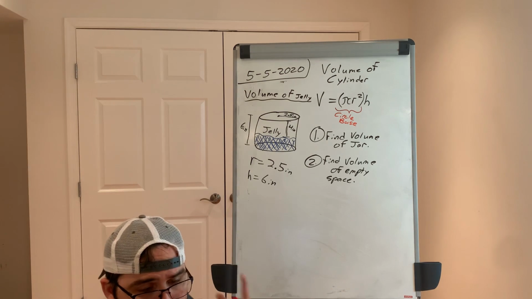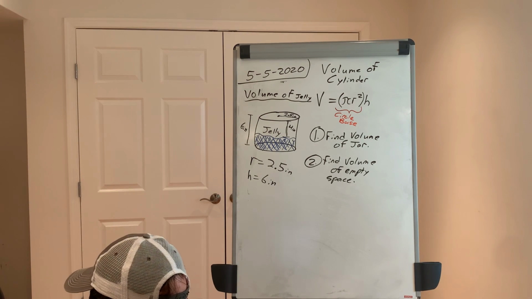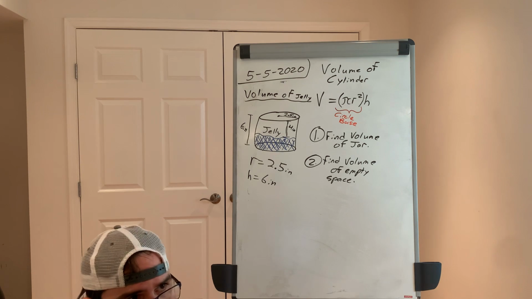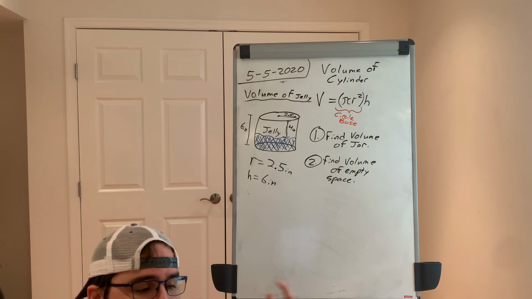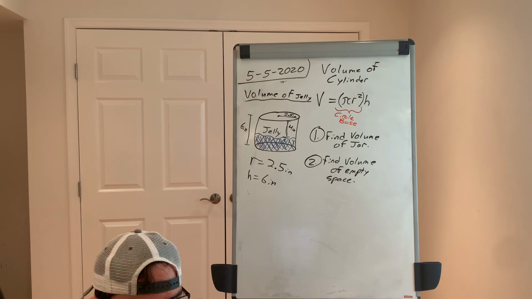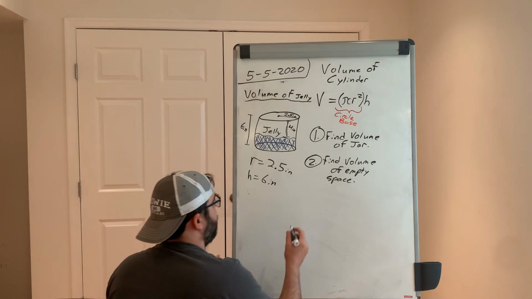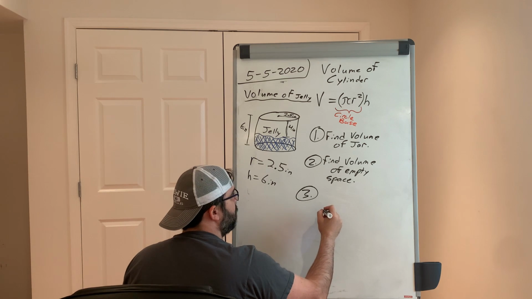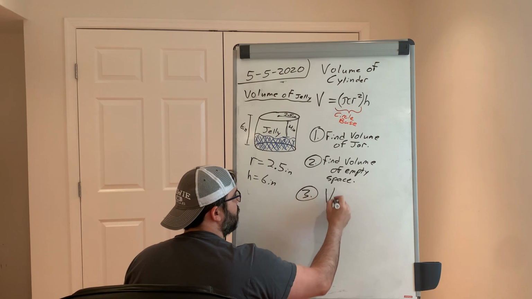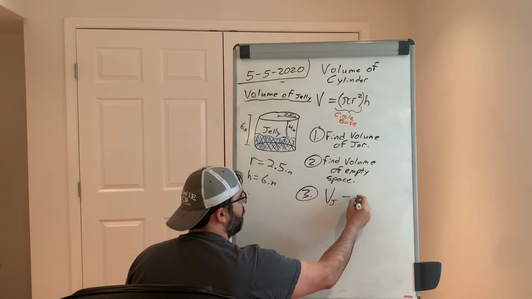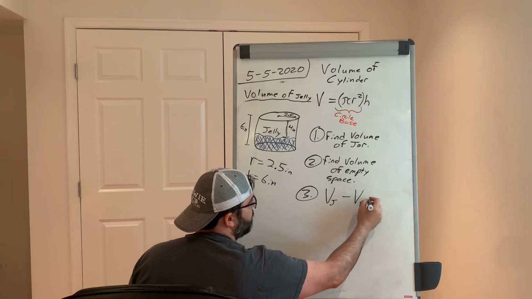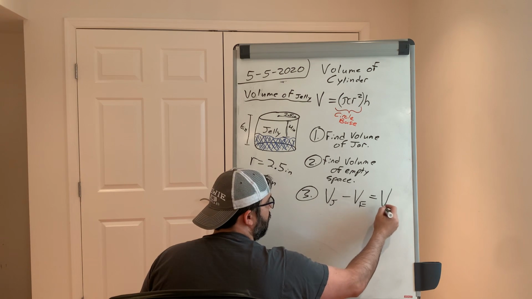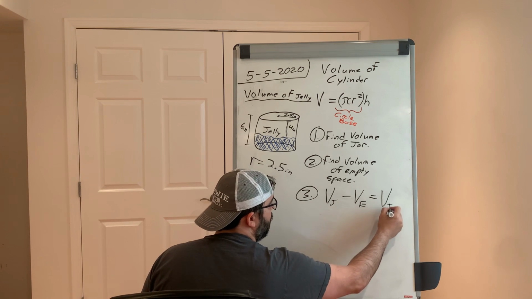And if we know the volume of the jar and the volume of the empty space, if we subtract the volume of the empty space from the volume of the jar, that will leave us with just the volume of the jelly. So that's what we're going to do.